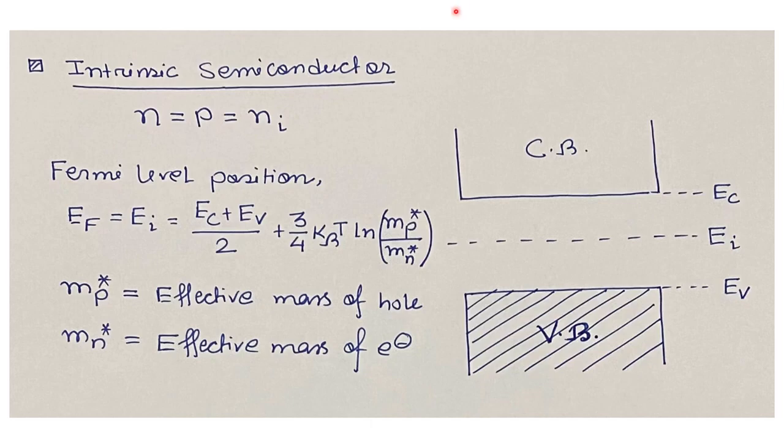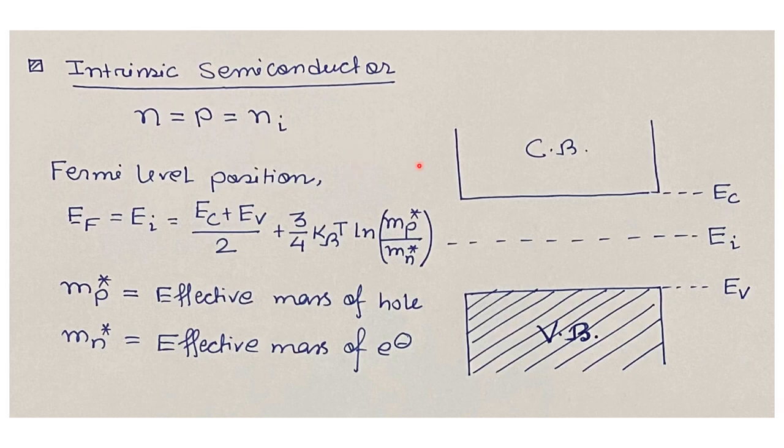We know in an intrinsic semiconductor, the electron density n in the conduction band and the hole density in the valence band are equal, and that is denoted by ni, where ni is the intrinsic carrier density.